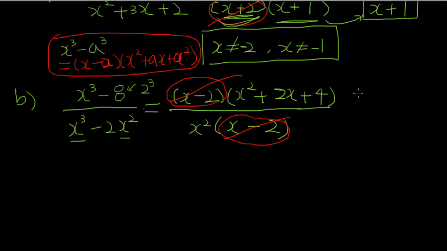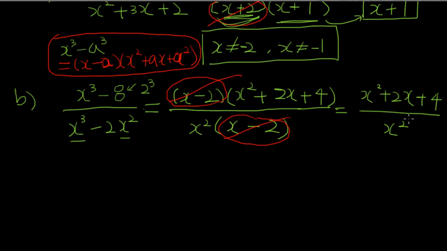So what's left behind would be x squared plus 2x plus 4 over x squared.